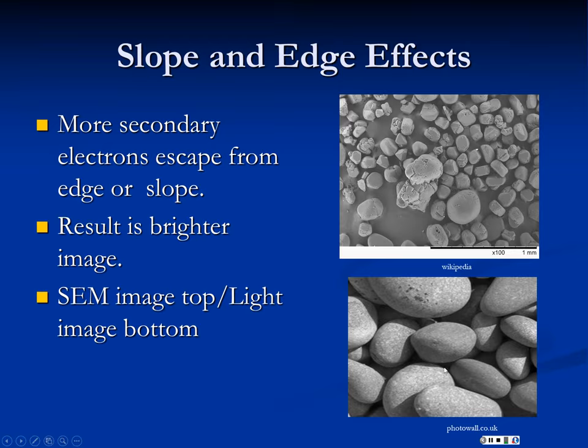With light, what you see is the center of the rock is bright and the edges that are falling away are dark. But this isn't a true negative because a hole here is still black. And a hole here will still be black as well because no light's escaping, no electrons are escaping.